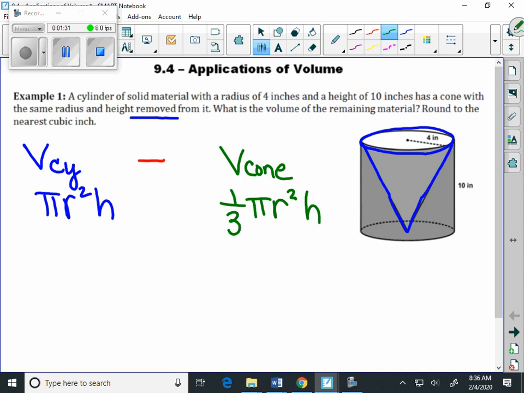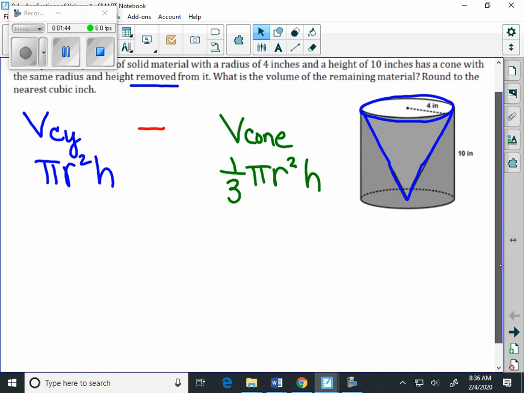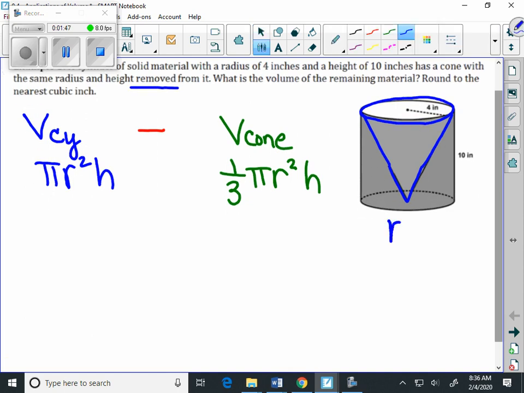I leave pi in the answer for now, and then I just calculate it once. Looking back at our figure, the radius is 4, the same whether it's a cylinder or a cone. The height is also the same value, but we're taking out that cone from there.